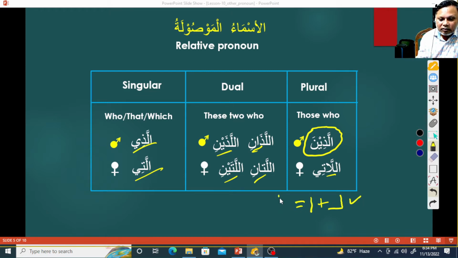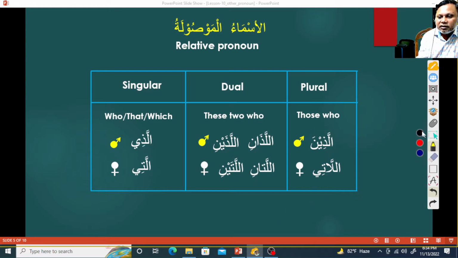This is the lam, and this is the alif. So this is allati, a long vowel will be here. So this is the difference from singular to plural for female. Among this relative pronoun, the allazi, allati, and allazina, these three are frequently used.